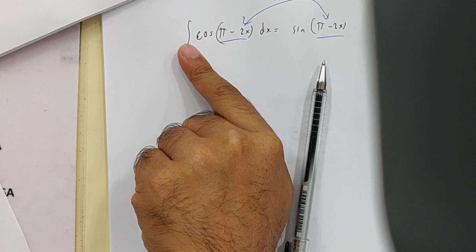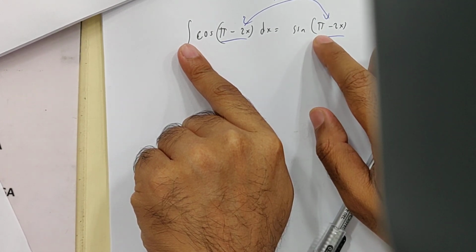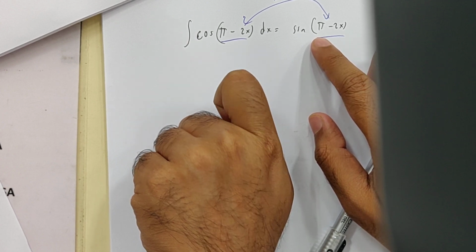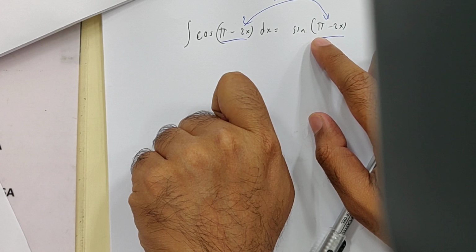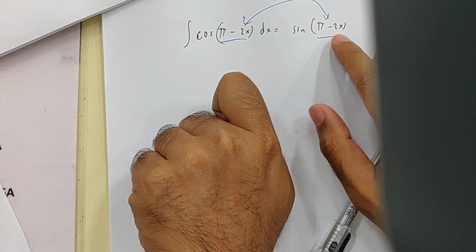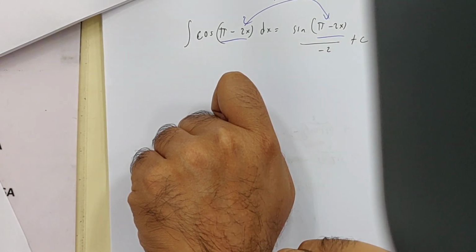And then differentiate the bracket. Differentiate pi, what do we get? Pi is constant, so pi is like a number. If you differentiate a number, what do you get? 0. Negative 2x differentiate? Negative 2. Plus c. Okay?